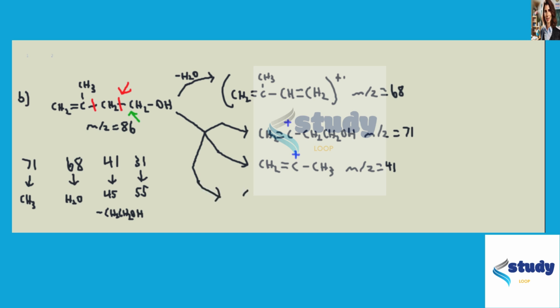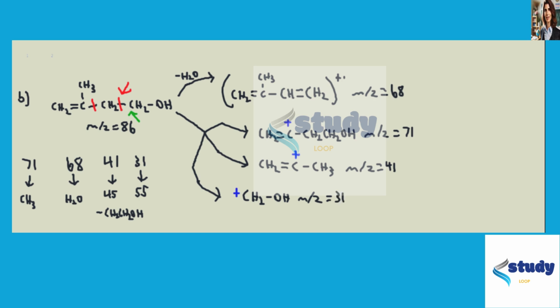So if we were to have this CH2OH with the carbocation on this carbon, that is going to be a total of 12 plus 3 is 15 plus 16 is 31. So that is where our M to Z 31 comes from.